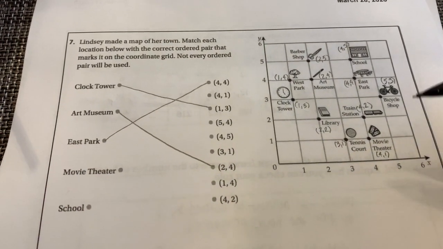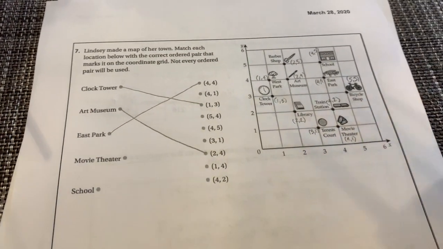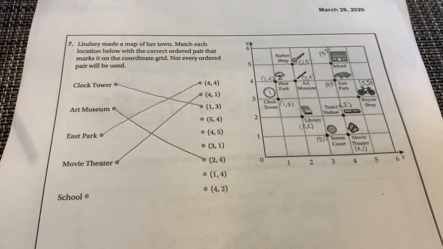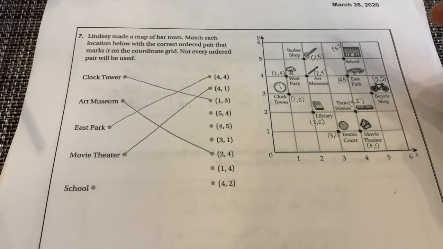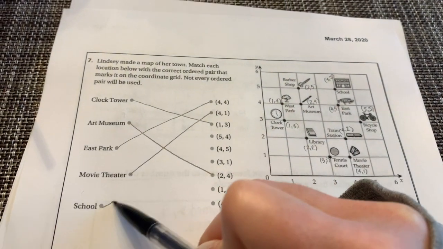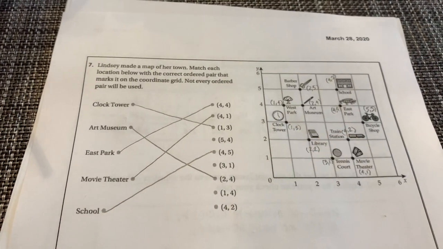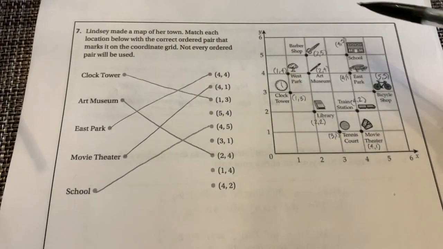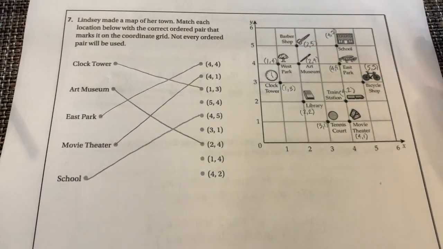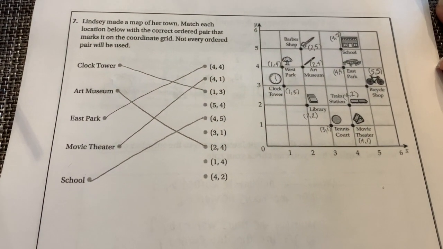Movie theater, 4, 1. And the school is at 4, 5. So that's going to be here. Okay. Now I labeled all of these points, but if you wanted to just go through and do these ones to save yourself time, that's fine. Okay, and that's how you would do that.